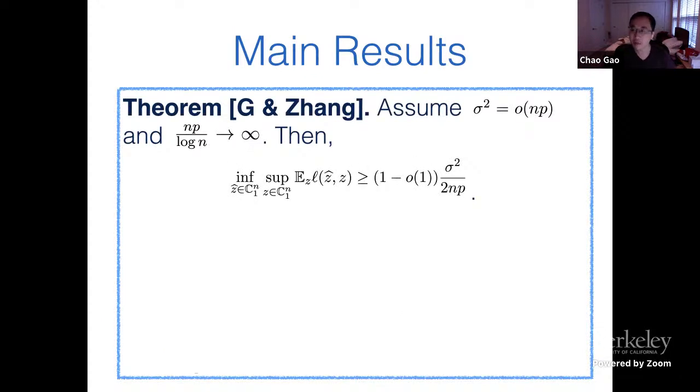So this is the main result, under these two assumptions, and I will come back to the assumptions later. First of all, we have a minimax lower bound. If you look at the result, when p equals 1, indeed, sigma squared over n is the minimax rate. But for general p, the minimax rate should be sigma squared over np. And also, we characterize the leading constant. The optimal constant should be 1 over 2.